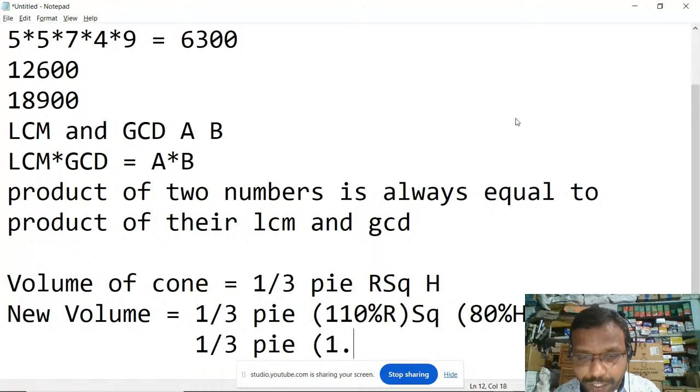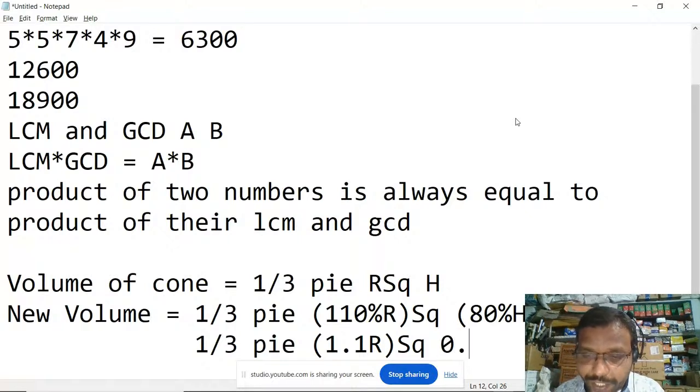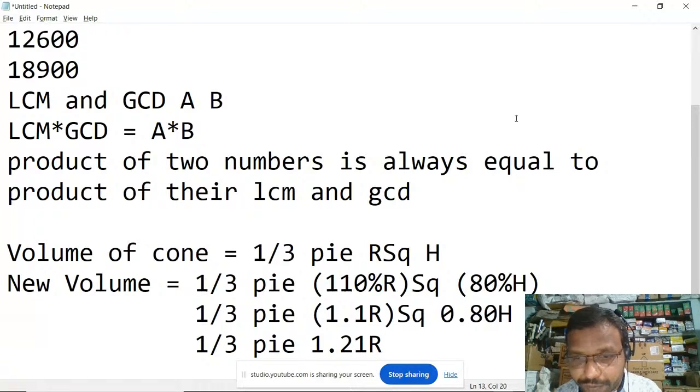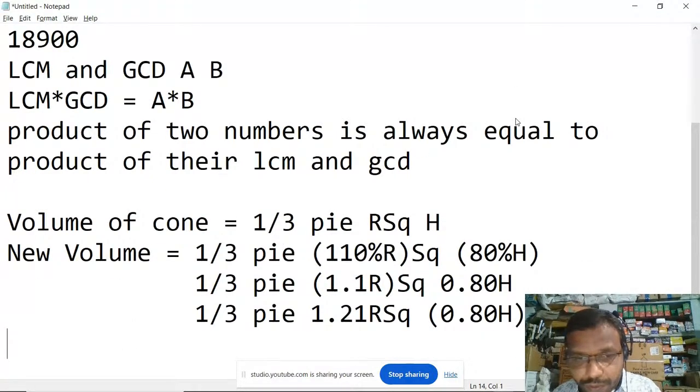So 1.1 r square into 0.80 h. So 1 by 3 into pi, 1.1 square, nothing but 1.21, since 11 square is 121, into r square into 0.80 h.